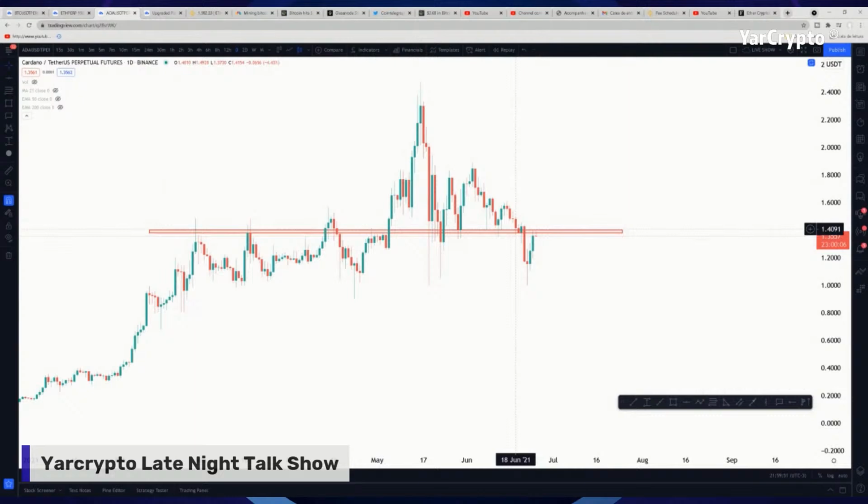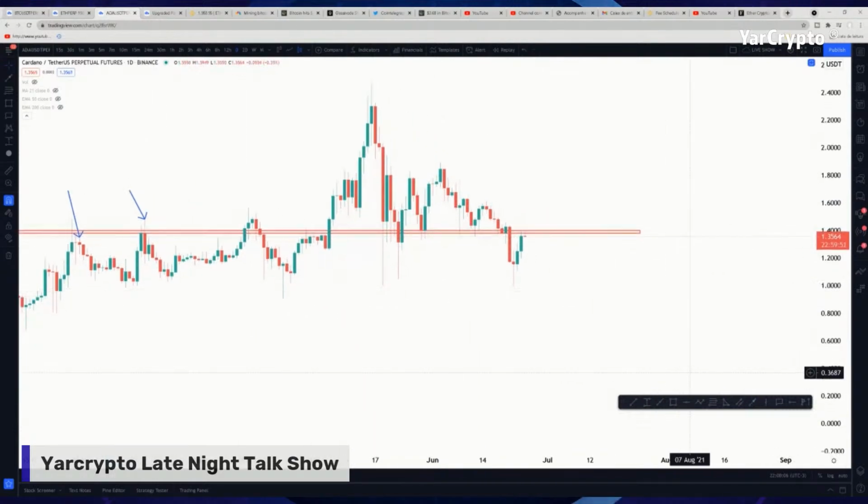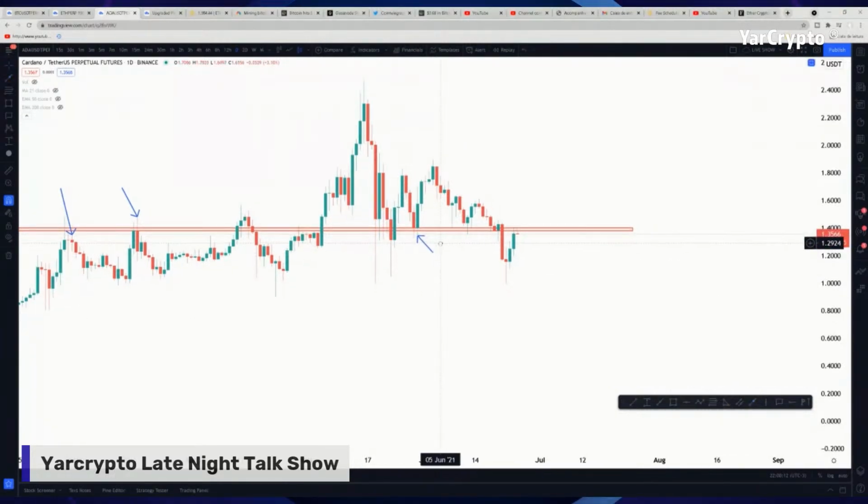If you guys look closely here, we had touches on this area and here as well. We had some reactions to this level, and obviously we found support previously on it. Here, this is a little more relevant because it's more recent.